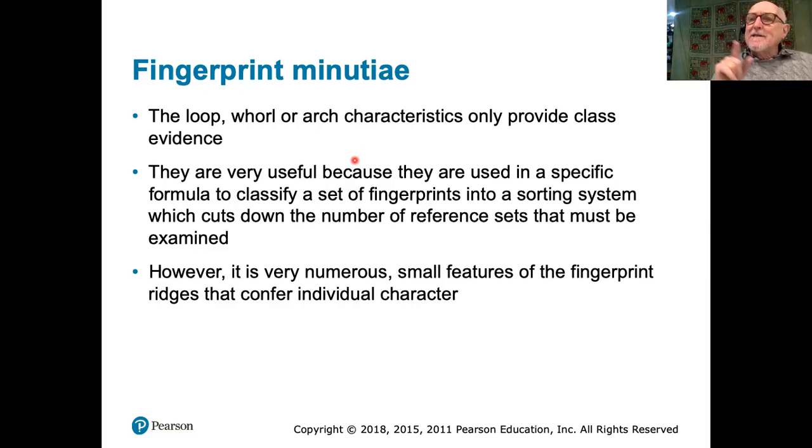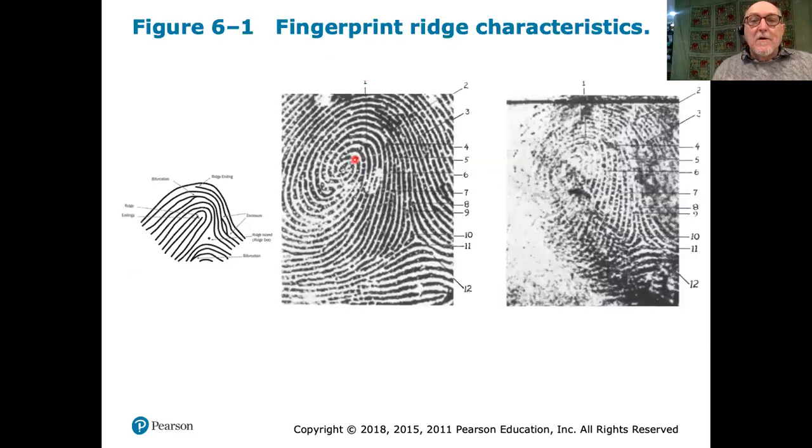So no matter how insignificant a characteristic looks, no matter how small it is in the fingerprint, it is a permanent characteristic. It will be there for the whole of that person's life. So even the very smallest features become tremendously significant because nobody else will have them. They are individual characteristics.